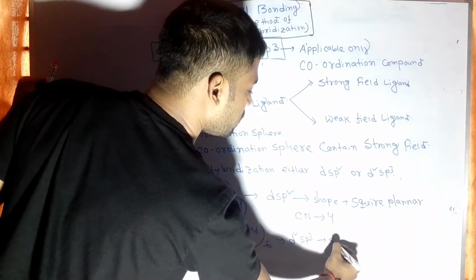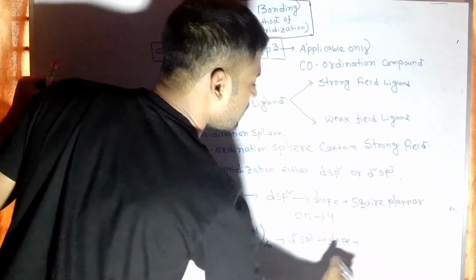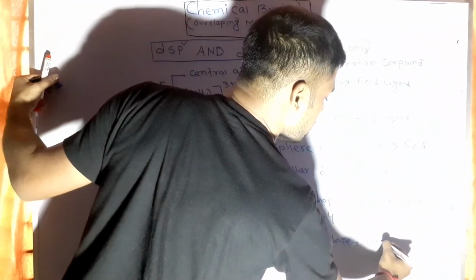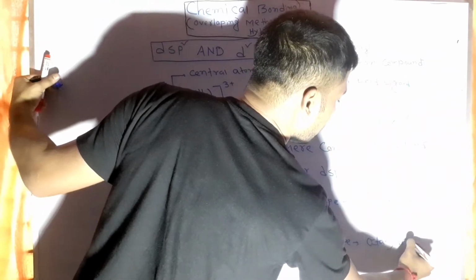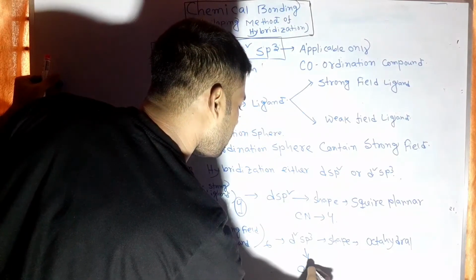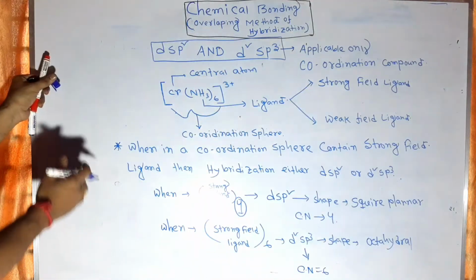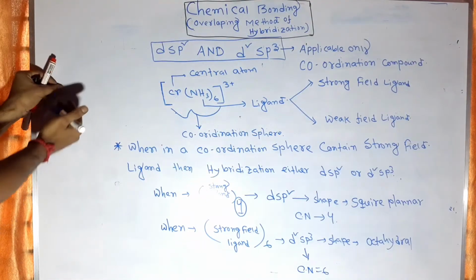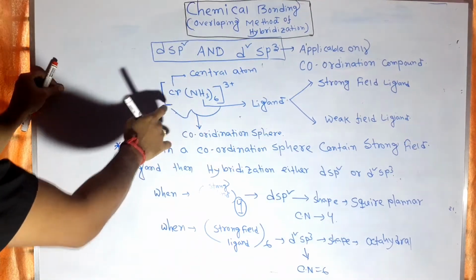What is the shape of d2sp3? This is the octahedral shape. What is the coordination number? The coordination number is 6.